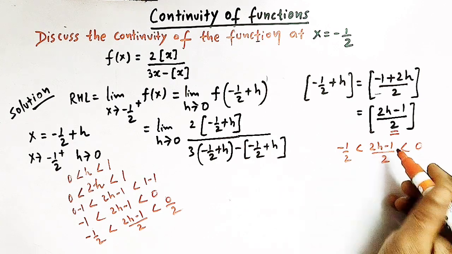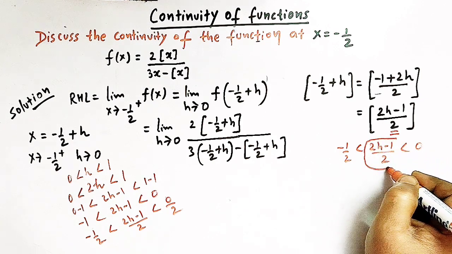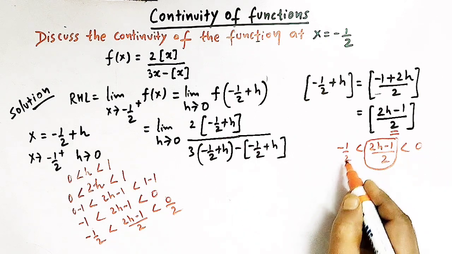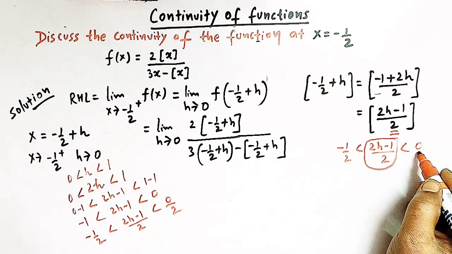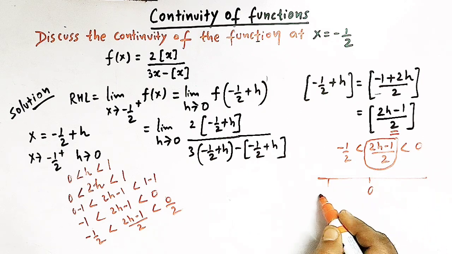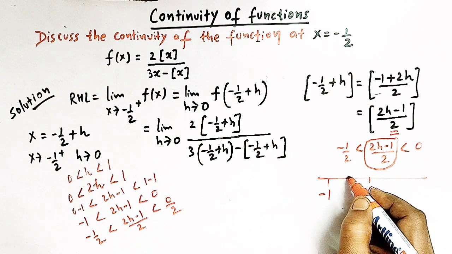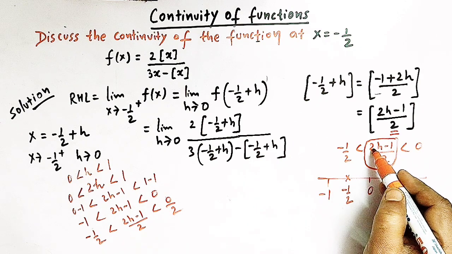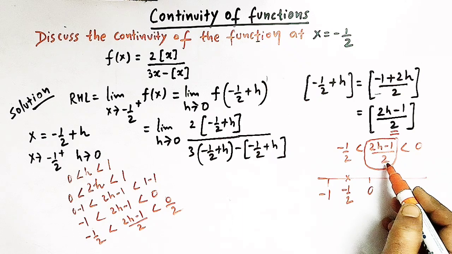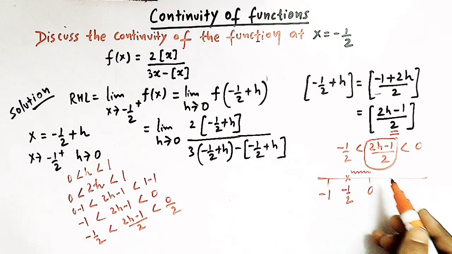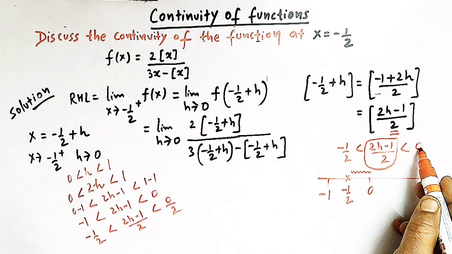From this inequality we can conclude that 2h minus 1 divided by 2 lies between minus half and 0, right? Here we have 0 and here we have minus 1, so minus half lies somewhere here. The value of 2h minus 1 over 2 lies somewhere between minus half and 0.